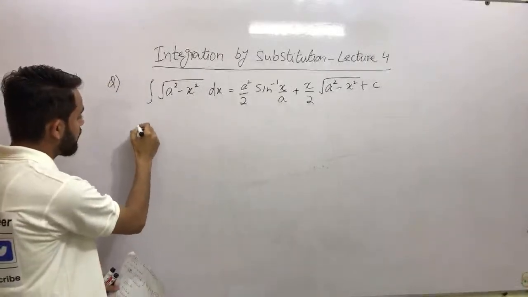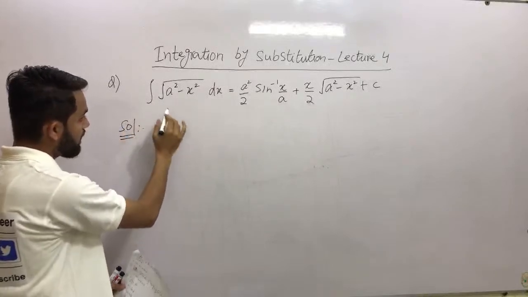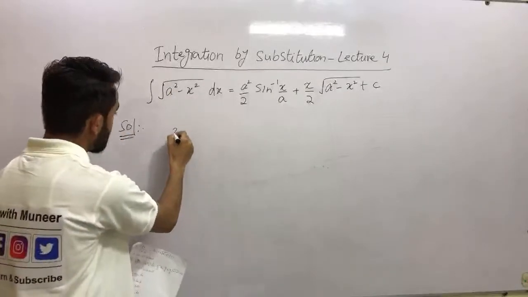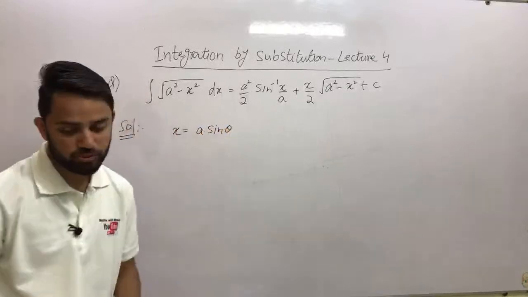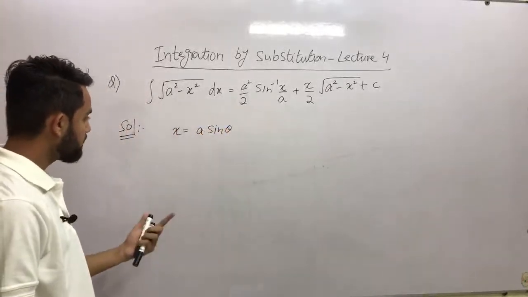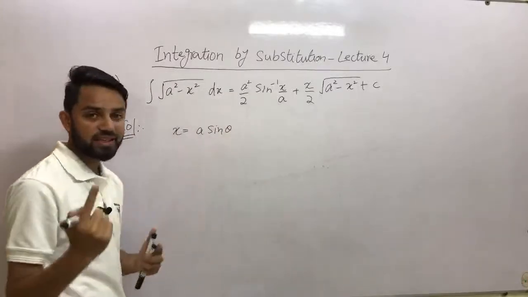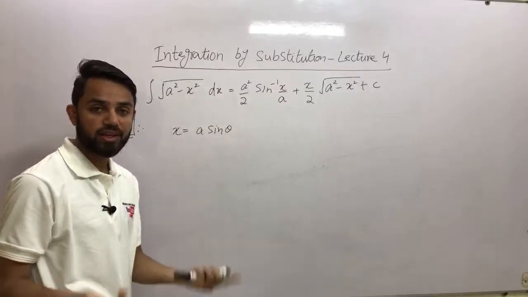Okay, so the solution over here. Whenever we have square root of a square minus x square, we always need to take x equals a sine theta. This is the substitution that we have over here. Now the second step, whenever you have taken the right substitution, you have to take the derivative of it.